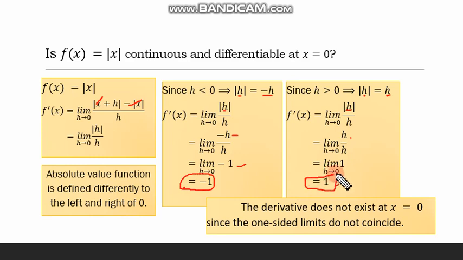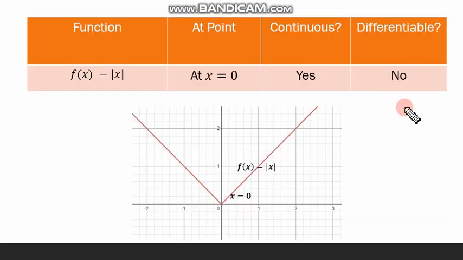Notice that the derivative from the left side is different from the derivative from the right side. So it means that the derivative at x equal to 0 doesn't exist, since the one-sided limits do not coincide. Again, we can verify that by looking at the graph of the function. At x equal to 0, we can see that our function is continuous, but it's not differentiable.